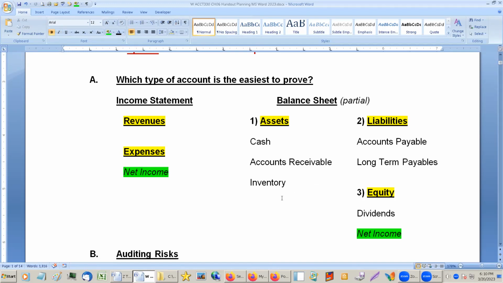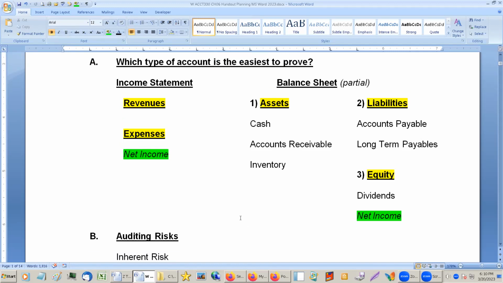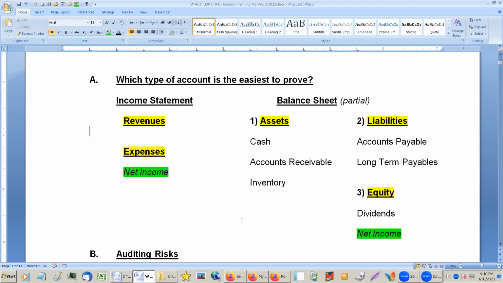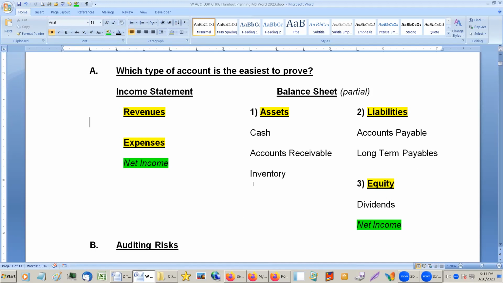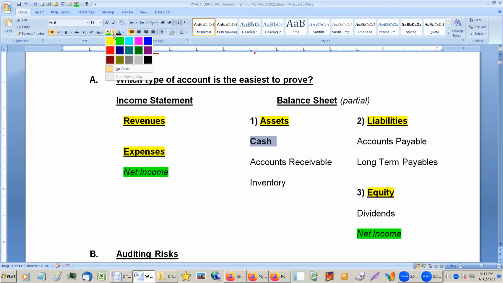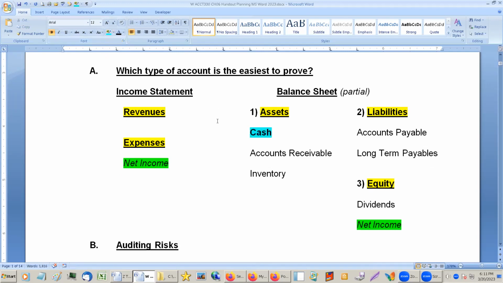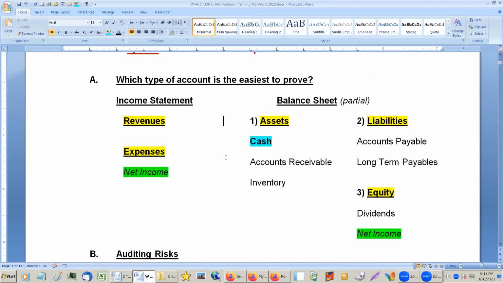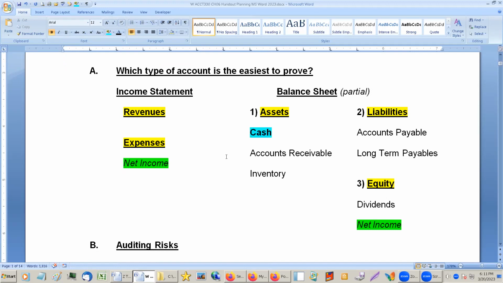There's also something else that happens in the balance sheet that is a very important thing, and that is the cash account. The cash account is important because virtually everything goes through the cash account.